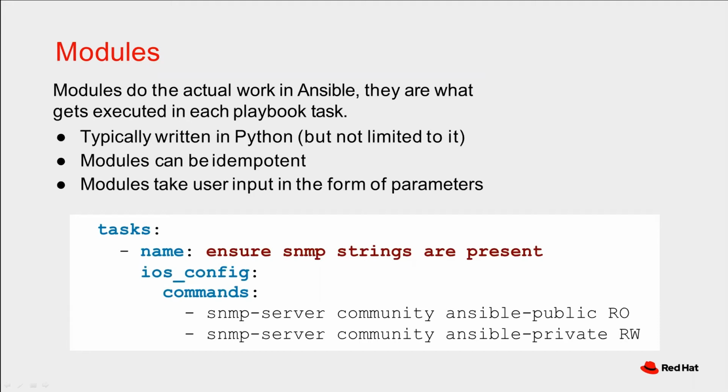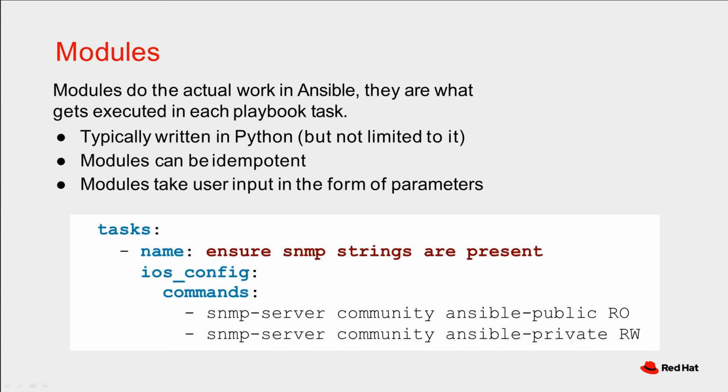As the slide says, most of the modules are written in Python, but it's not limited to just being written in Python. You can really use anything you're comfortable using. Python is just the common language that is used most frequently in Ansible.